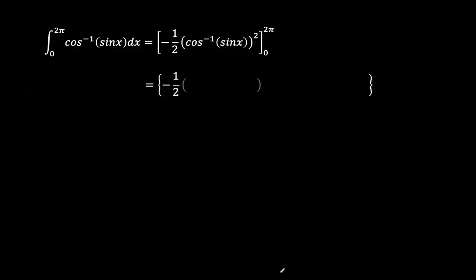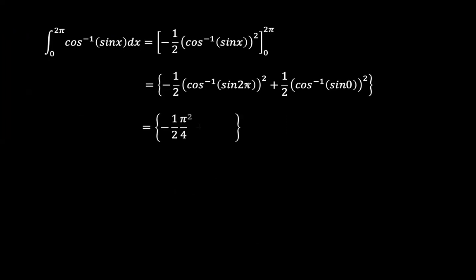Now we're going ahead to plug in the limits. Since we have 0 to 2 pi, we are now substituting the upper and lower limits. So what this means is that when x is pi, arc cosine of 0 is pi over 2 squared, which is pi squared over 4.